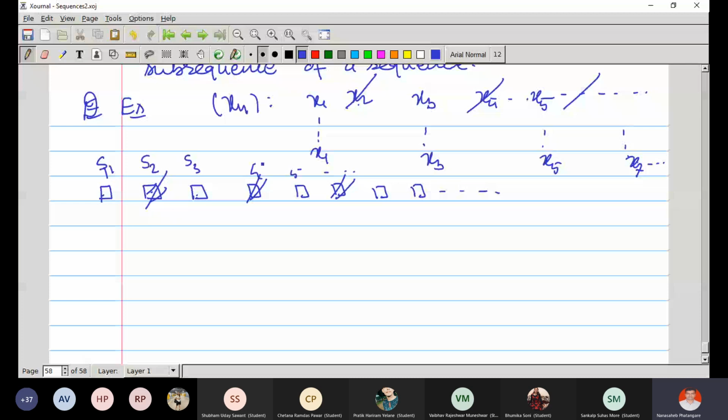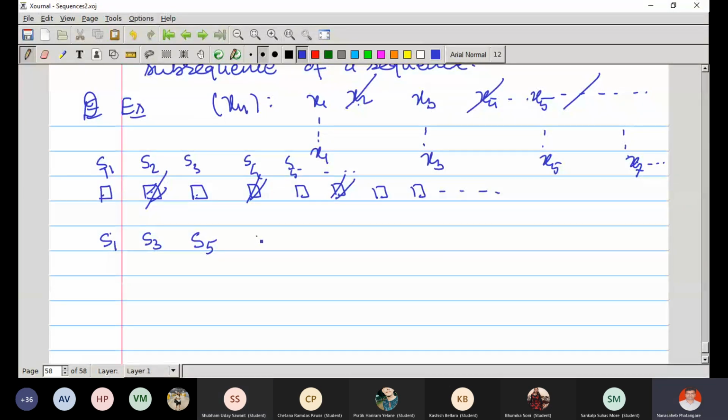Due to some reason, S2, S4, S6 left the class. What will happen? S3 will occupy the place of S2. Then S4 is gone away, so S5 will occupy the third position now. Who will occupy the fourth position?